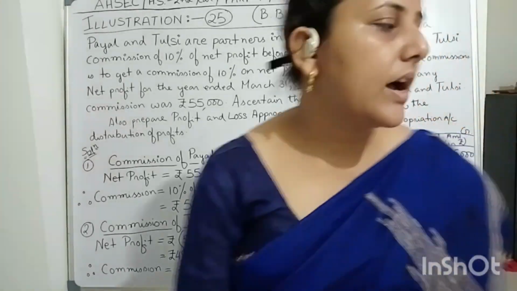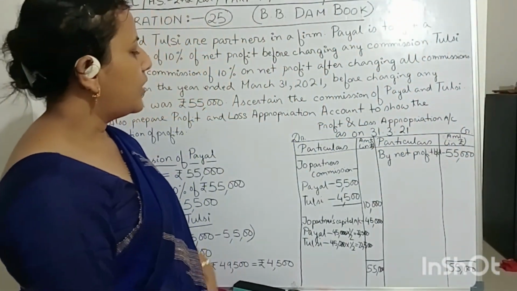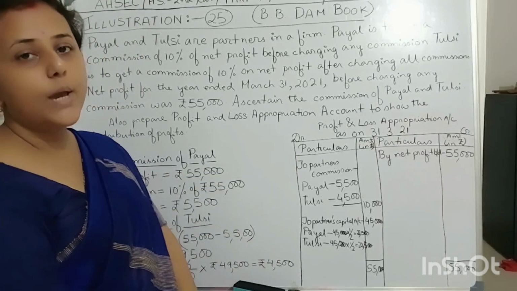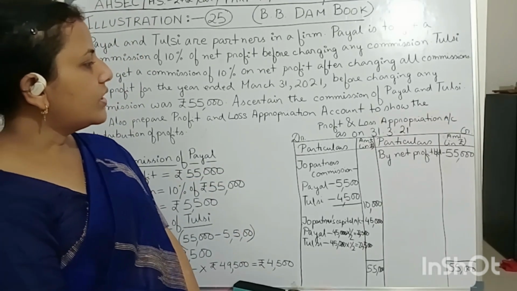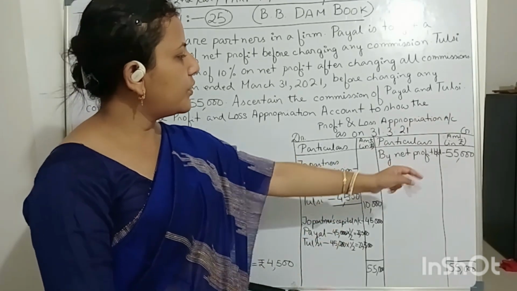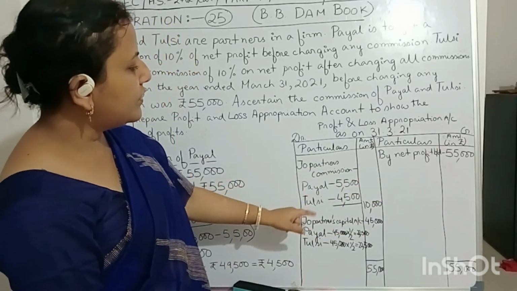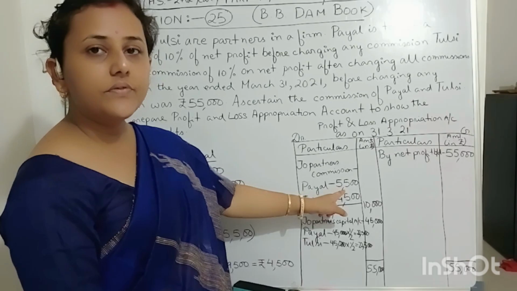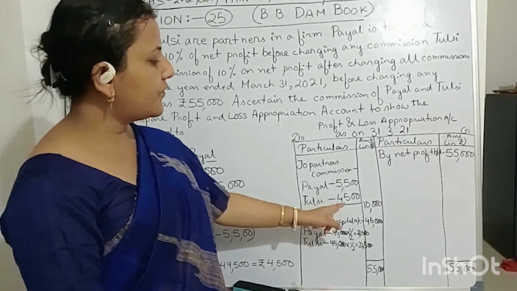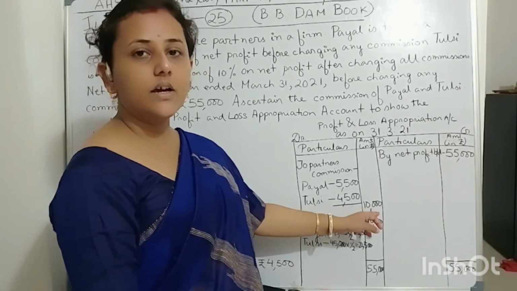Now you have to draw the profit and loss appropriation account. Write net profit, it is 55,000. Then partners' commission: for Payal it is 5,500 and for Tulsi it is 4,500. So it's 10,000.